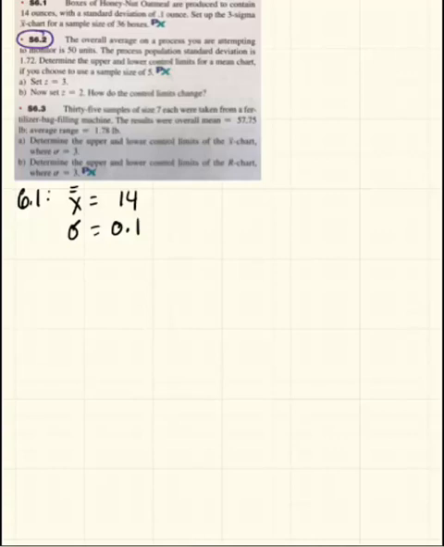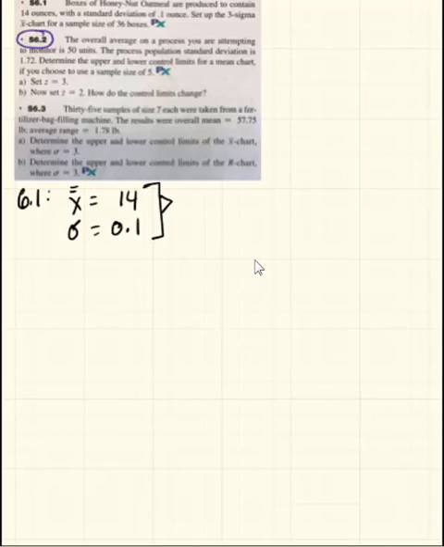So here I've brought over the problems, and we'll start with 6.1 there. And you notice I just pulled out the relevant information. I said that x double bar is 14, and the standard deviation must be 1 ounce. So the first step we need to do is convert this to a sample standard deviation.